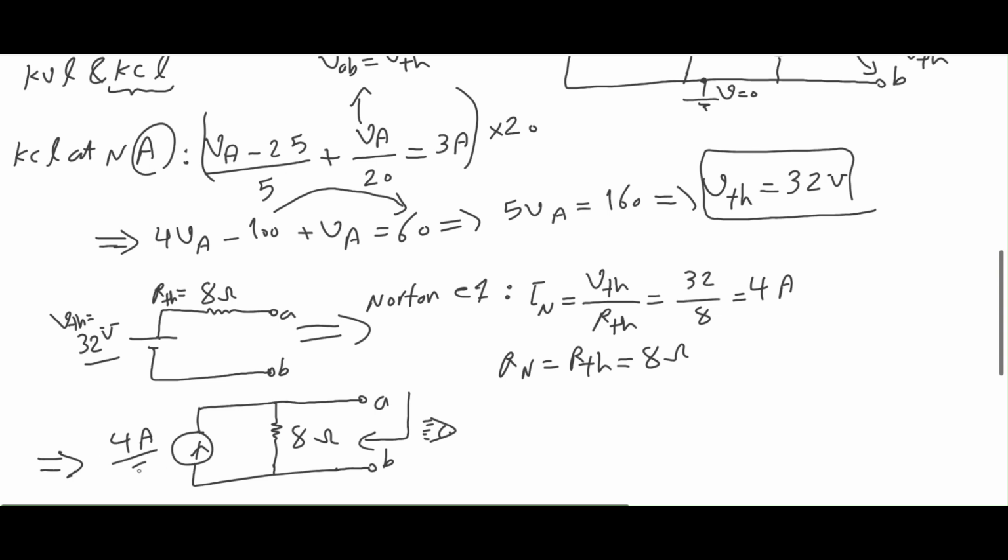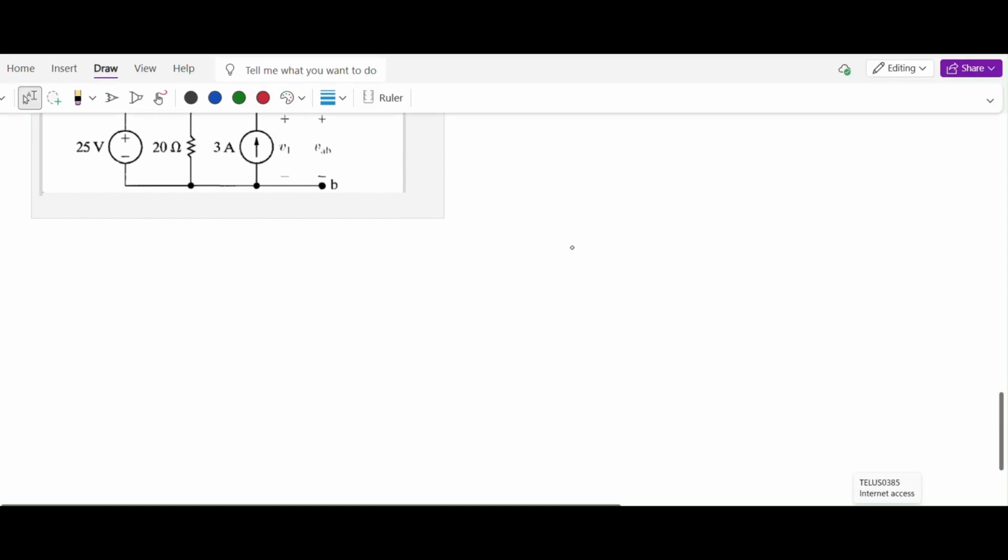This time I'm gonna directly try to figure out the Norton equivalent just to prove that we've been on the right track. Okay? So I just put my circuit here again so that this time I can try to find the Norton equivalent circuit for this circuit.